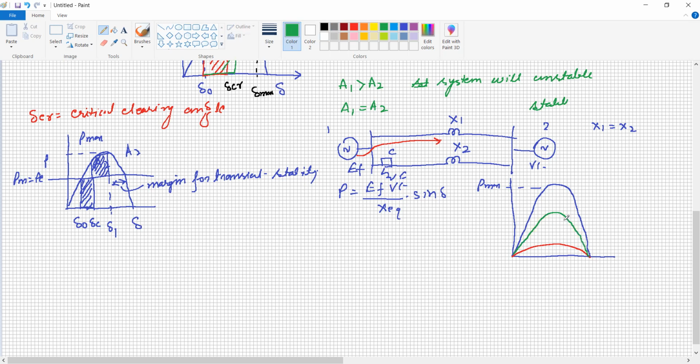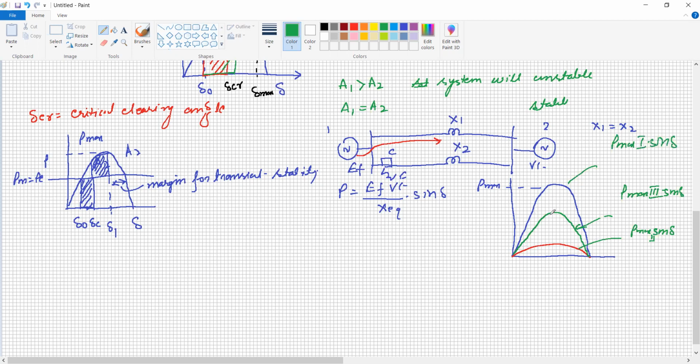Because why is it smaller? Since the reactance of one transmission line is greater, so this is P maximum 1, this is P maximum 2 into sine delta, and this is P maximum 3 into sine delta at any value, and this is P maximum 1 into sine delta.